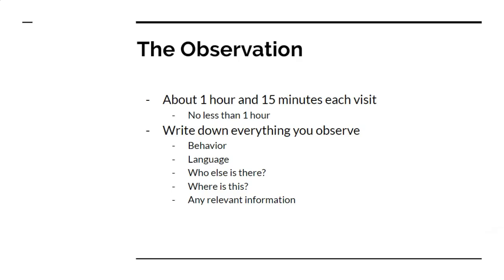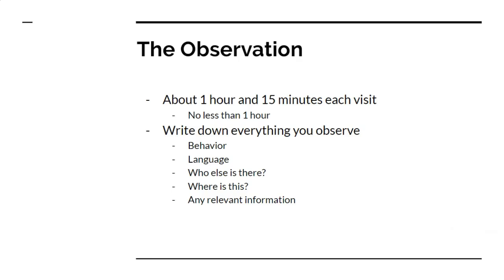While you are in your observation, write everything down. This is going to be so helpful when you sit down to write your paper. So while you're there, you want to write about the child's behavior. What is the child saying? To whom? Who else is present?